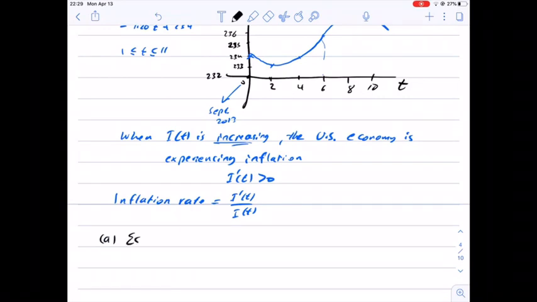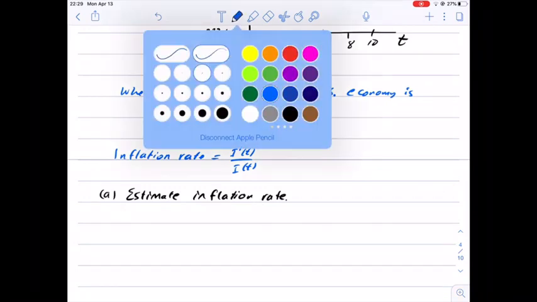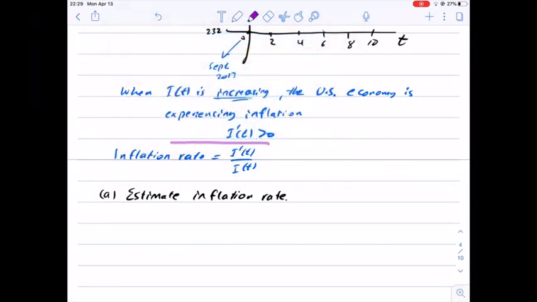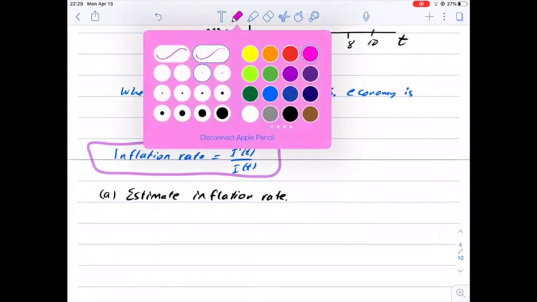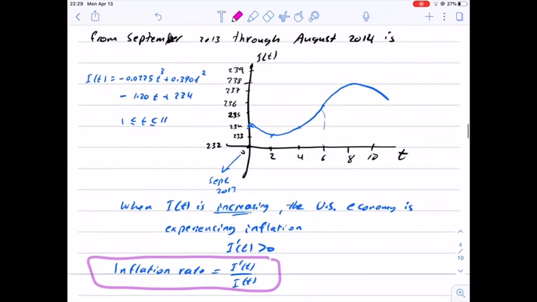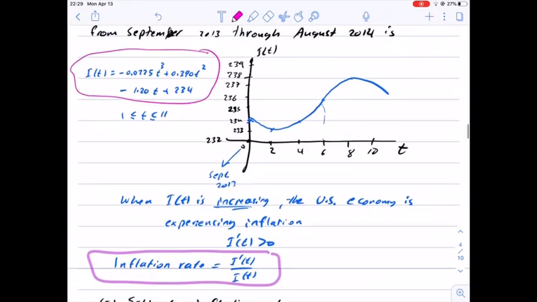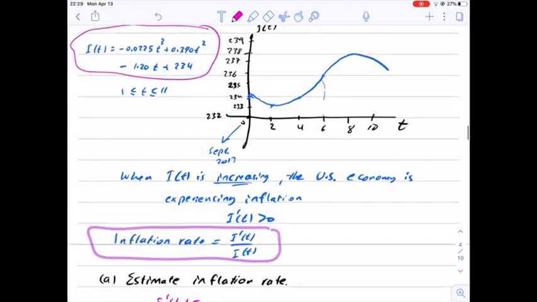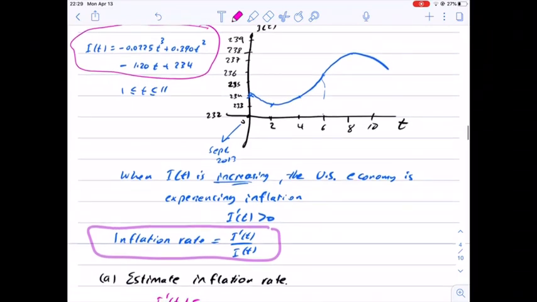So the first question is to estimate the inflation rate. To do so, we need to apply this formula. So we need to find the derivative of I. I prime is, now we need to differentiate this function I. So what is the derivative of this?